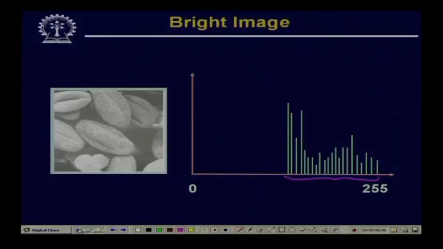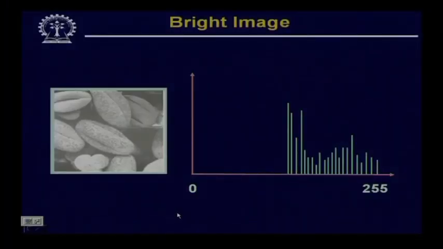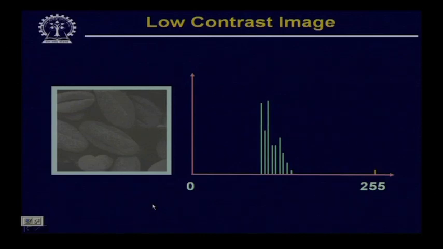Let us come to a third image category. This is an image where you find that the intensity values are higher than the intensity values of the first image that we had shown, and lower than the intensity values of the just previous image.